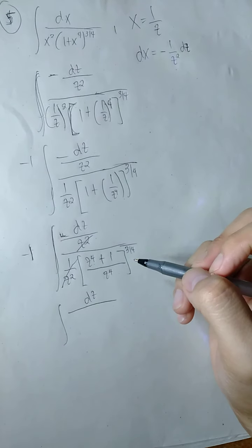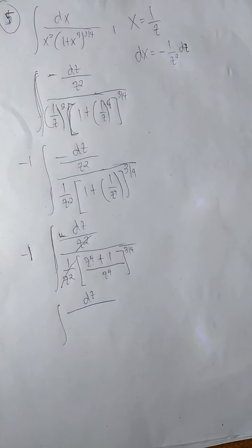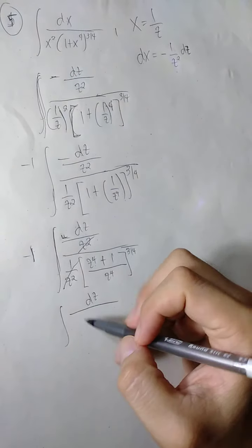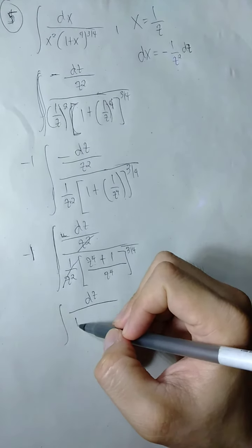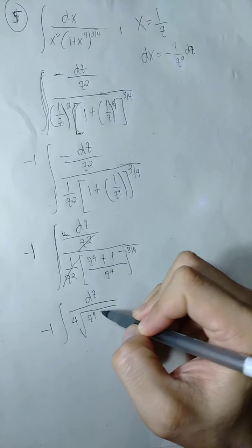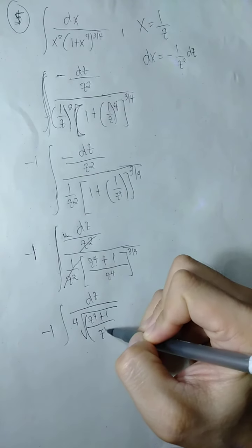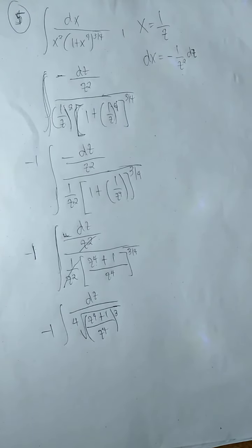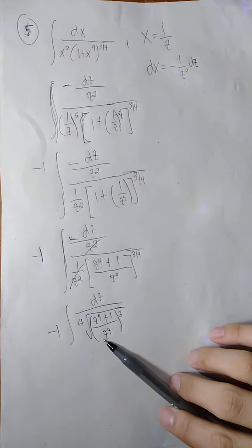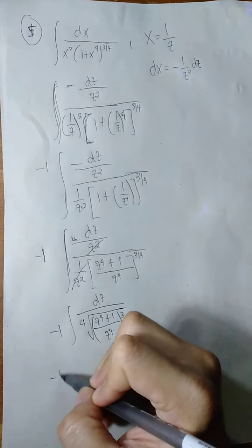Of course, if you take the 4th root of z to the 4th, the 4th power cancels. So you can take the 4th root of negative 1 times z to the 4th plus 1 over, with a cube, z to the 4th cubed. If you take this, it cancels, so it becomes just cubed. So it becomes negative 1 integral of dz.